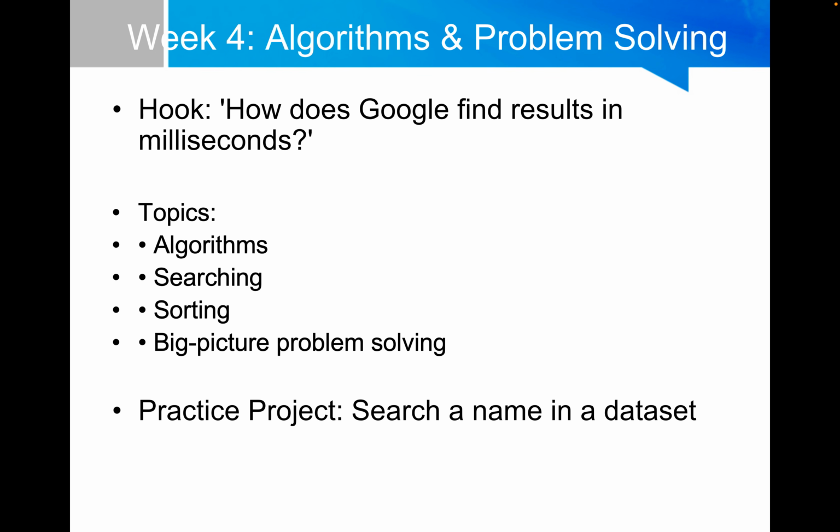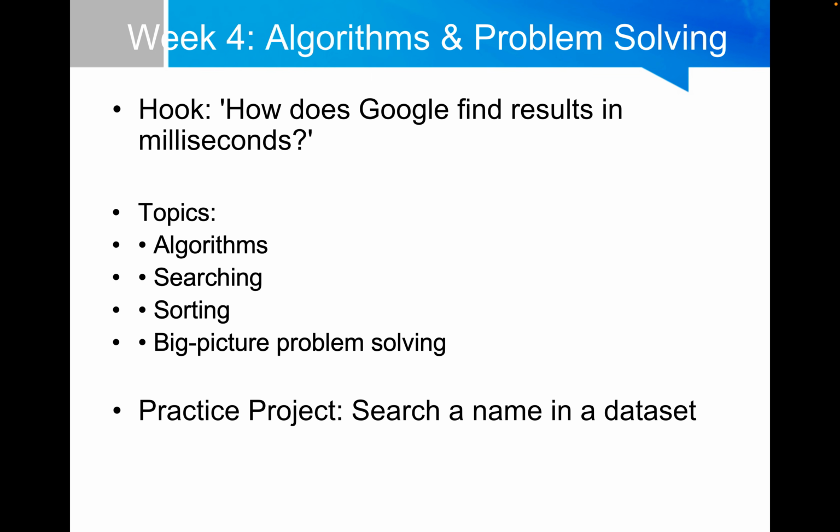Now, the next one is just looking at the bigger picture. Before you write a single line of code, you have to break down the problem. This topic teaches you how to think like a programmer using a few key steps. Decomposition is breaking a massive, complex problem down into tiny, manageable steps.